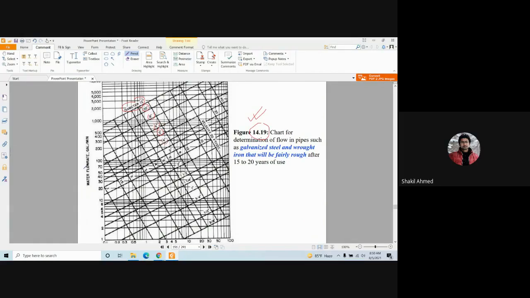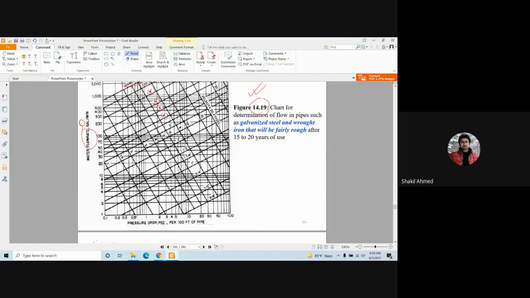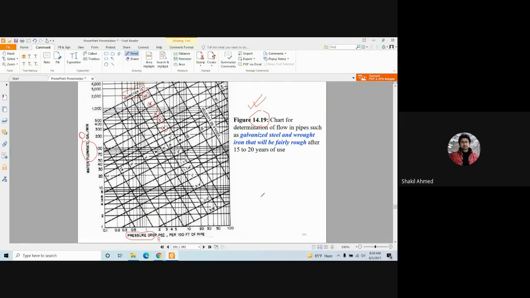You need to know the flow rate, that means Q, and you need to know the pressure drop per 100 feet of pipe. Now the thing is, pressure drop per 100 feet of pipe actually depends on the layout of the pipe.